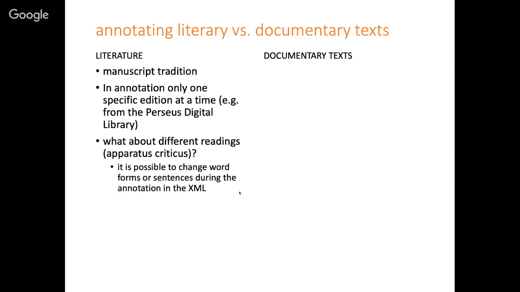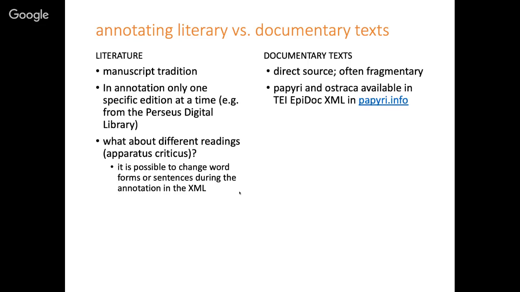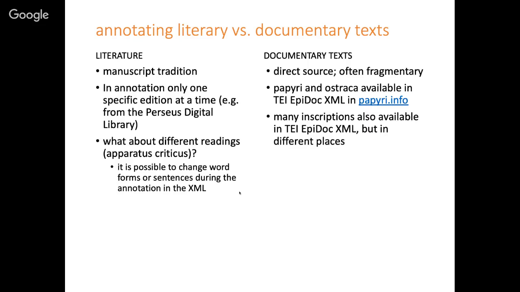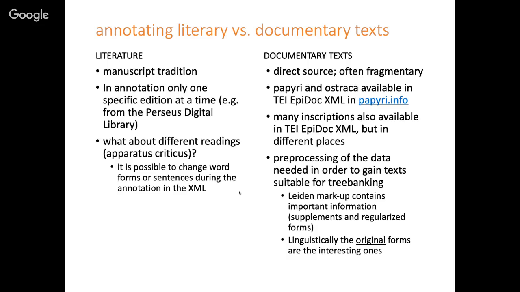With documentary texts, they are direct sources from antiquity, and they are often fragmentary, so we have different types of problems with them. And the papyri and ostraca texts, there's loads of them in papyri.info, marked in TEI EpiDoc XML. And also many inscriptions are available in TEI EpiDoc XML, but in a bit more scattered places.